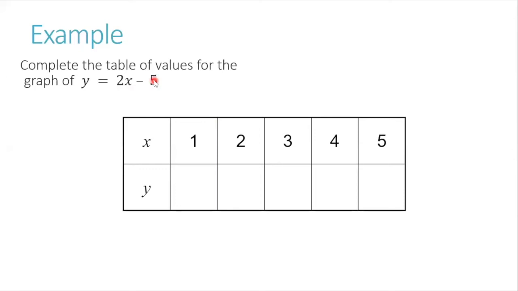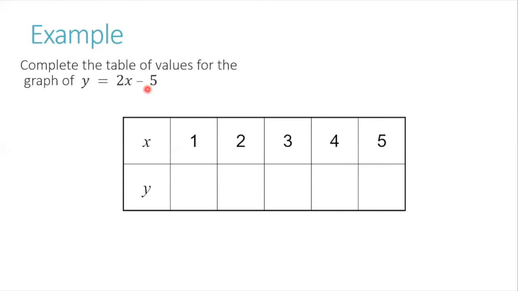And if you remember, the slope-intercept form said y equals mx plus b. And remember, I told you in most cases, the m and the b values will be given to you. And so this 2 is my m value. So my slope would be 2, and -5 would be my b value.